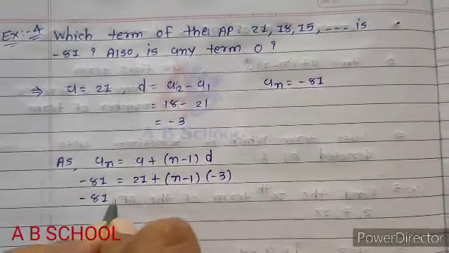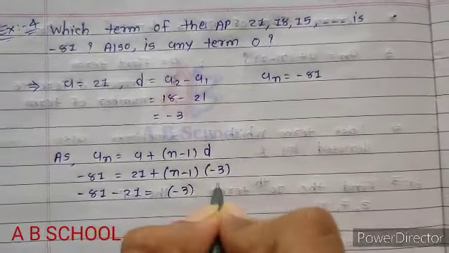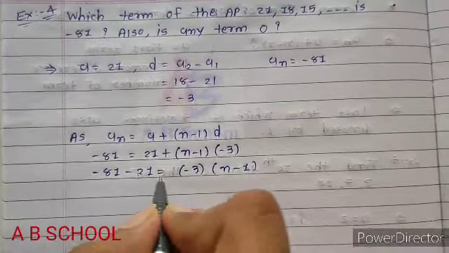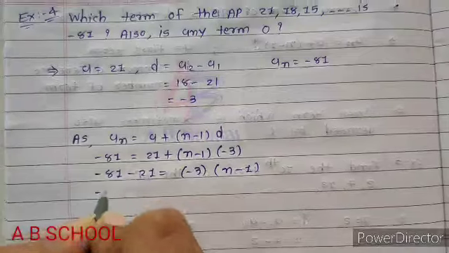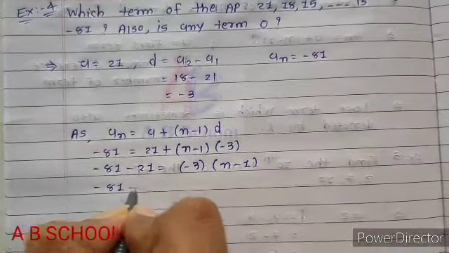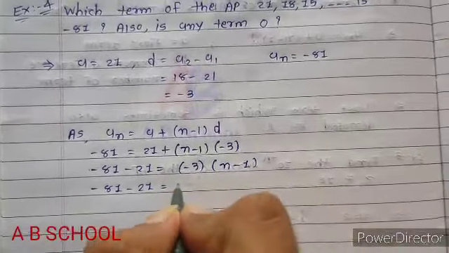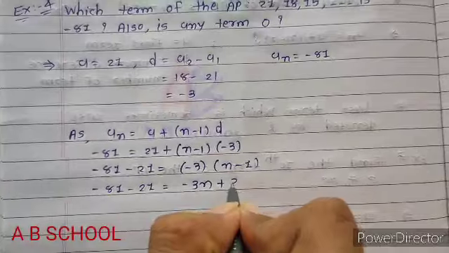Minus 81 minus 21 is equal to minus 3 in a bracket N minus 1. So minus 81 minus 21 is equal to minus 3 multiplied with N, minus 3N, minus minus plus 3.